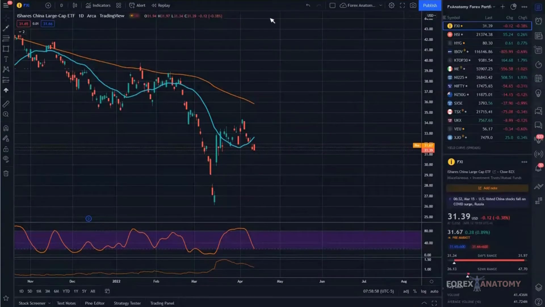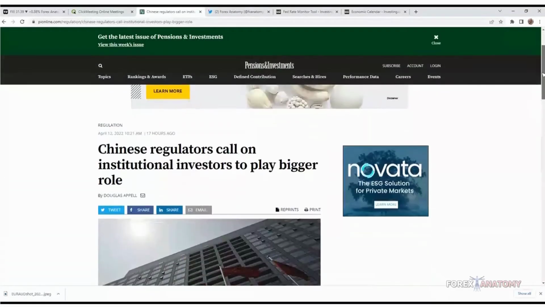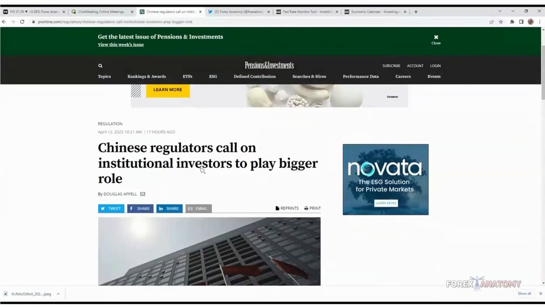But what's been helping to prop up, I should say, Chinese stocks has been pretty much what they have been convincing and bullying many of their large shareholders to do. So right here, we see this headline: Chinese regulators call on institutional investors to play a bigger role.